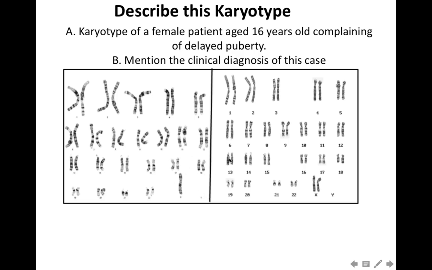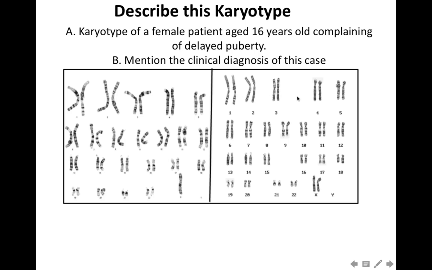She has 2 different cell lines in the same individual. Now let's describe this karyotype first. You have a pair of each of the chromosomes, and each 2 chromosomes look similar. Now we come to the sex chromosomes. You have 1 X chromosome. So for this karyotype, it is 45, X.